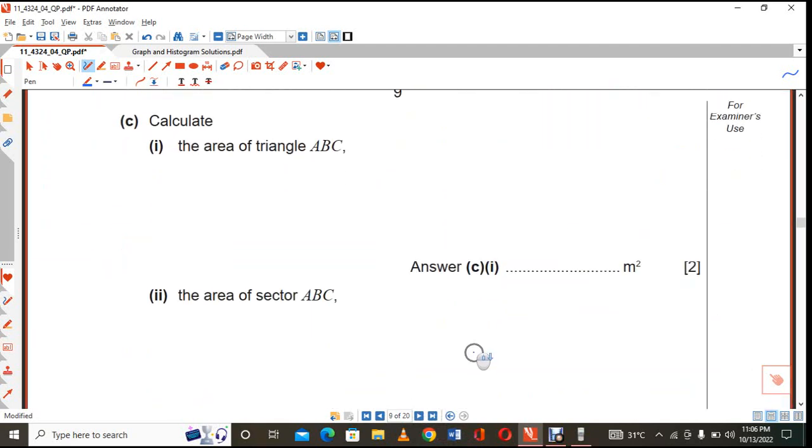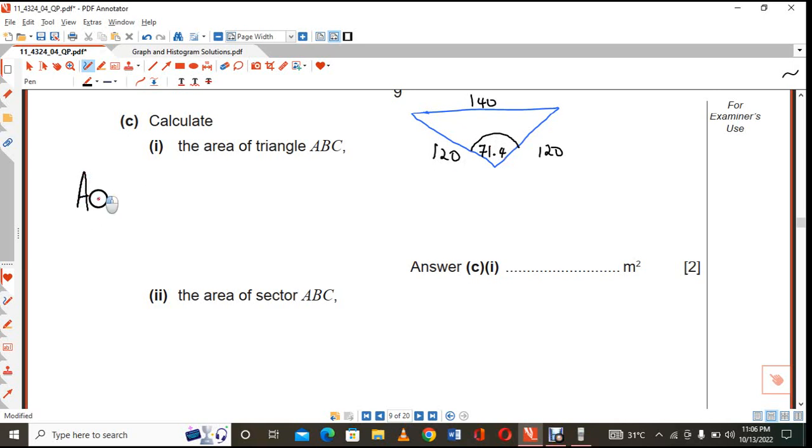Right, now they want us to calculate the area of the triangle. Now, again, you have so many ways that you can do this. Remember, if you have the triangle with sides 120, 120, and 140, we know this angle here was 71.4.